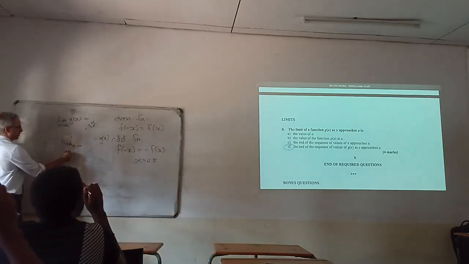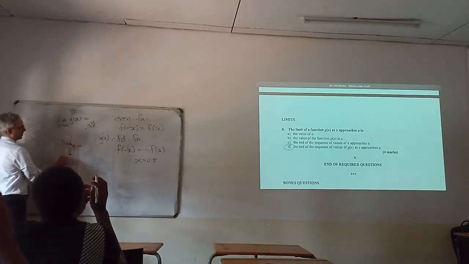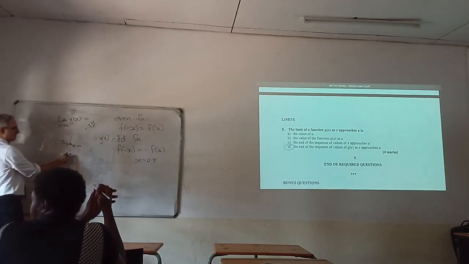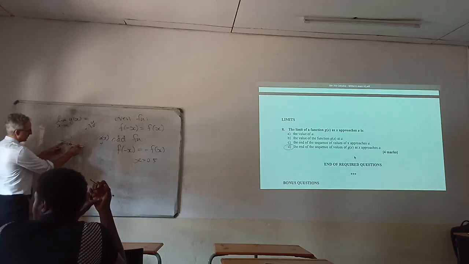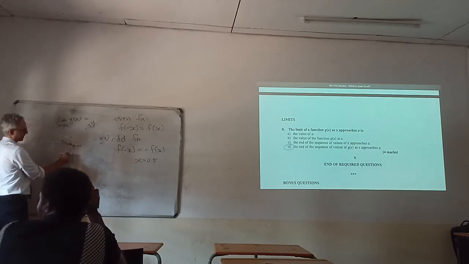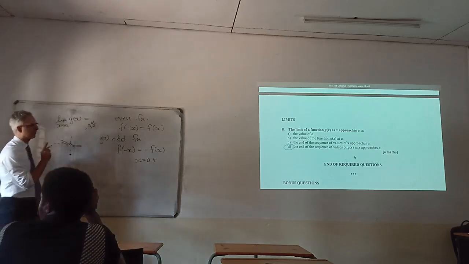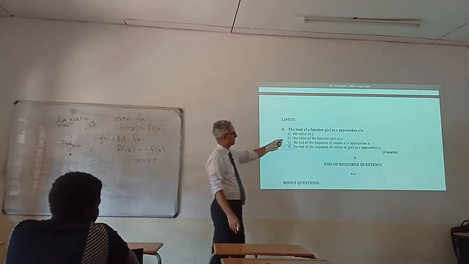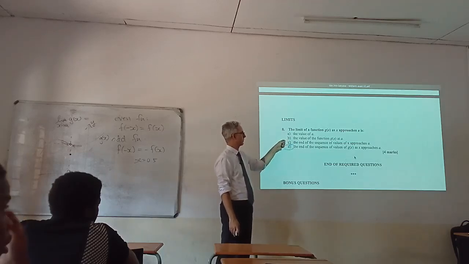Almost, but no, because if I have a function like this, remember? There's no value here, but there's a value here. But the limit is I'm getting close to this point. I'm not getting close to this point. So B is not correct. It often happens to be true, but this is not what it is.